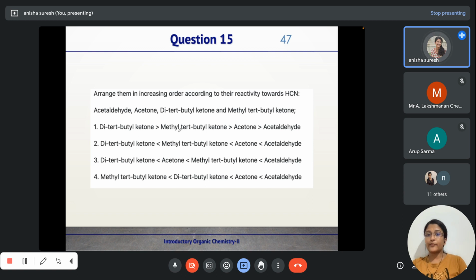Here four different compounds are given: acetaldehyde, acetone, di-tert-butyl ketone, methyl tert-butyl ketone. Which will be the more electrophilic center, which will be more reactive towards HCN? According to that, we have to arrange them in order. So what will be the correct option?